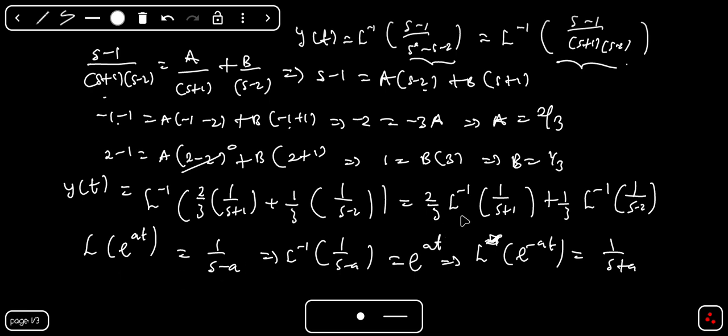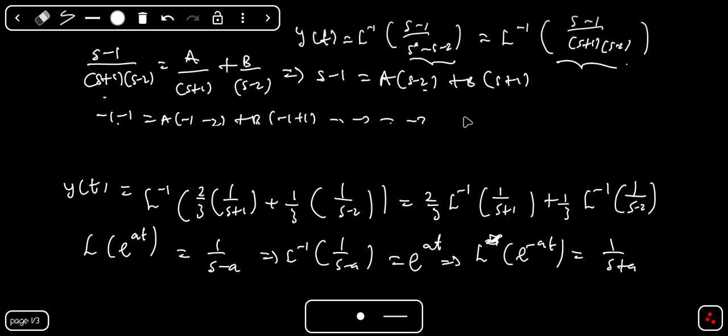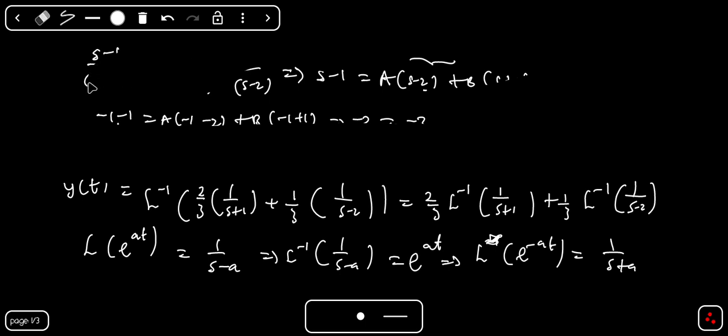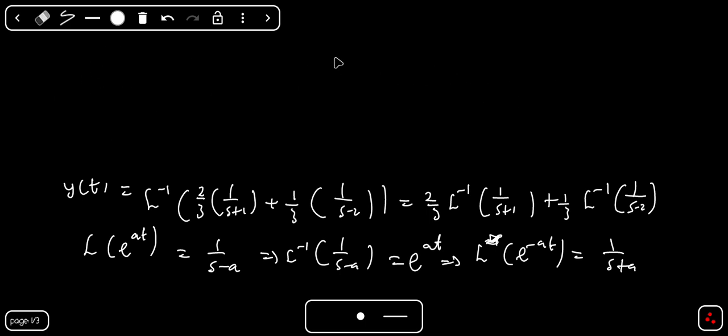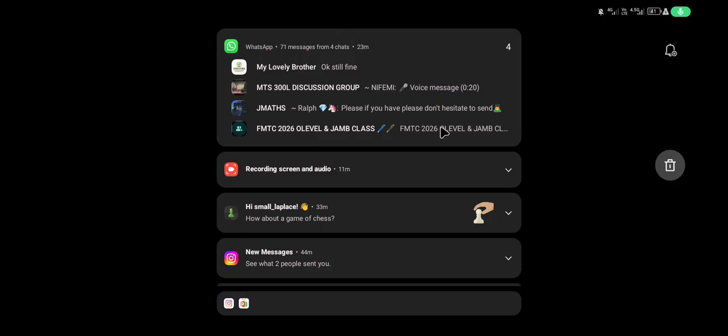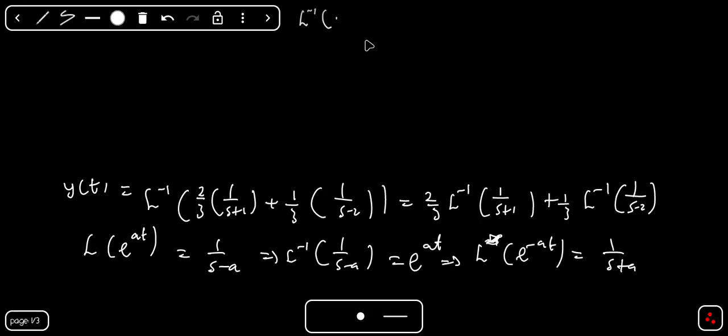for the inverse Laplace transform of 1 over s plus 1, let me clean some parts to do that. So since we have these following formulas, for the inverse Laplace of 1 over s plus 1, what are we using?